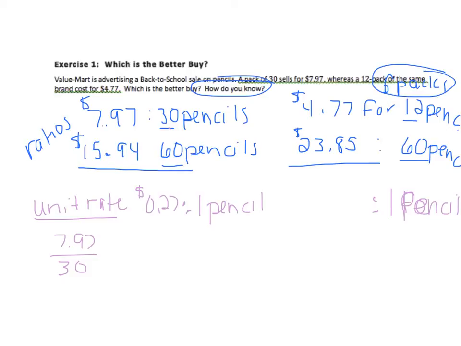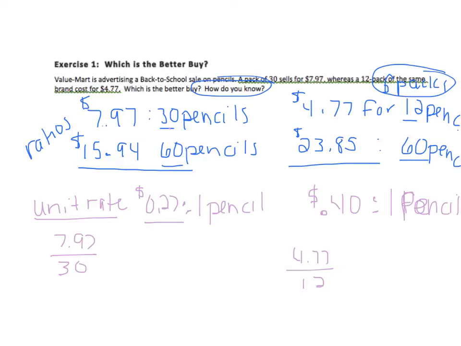And I could do the same thing over here. I could do 4.77 divided by 12, and I would come up with 40 cents per one pencil. So again, looking at the unit rate, we can see that the unit rate for one pencil is much less in the 30 pack.